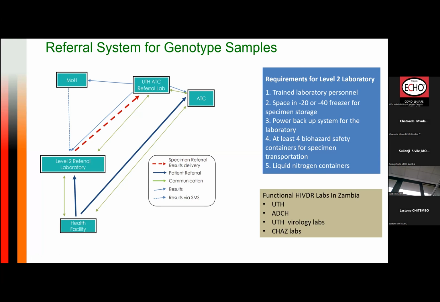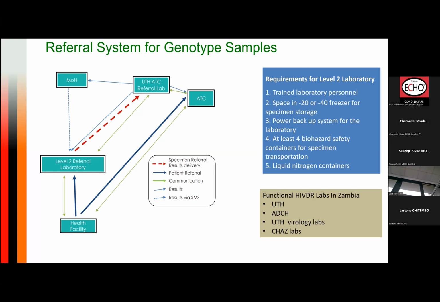A number of samples that we are getting, and I'll pick far-flung provinces like Chinga, it's advisable that you transport in liquid nitrogen, but if you are nearby, even ice, you can do that. But you find that the sample spends maybe a day or two.